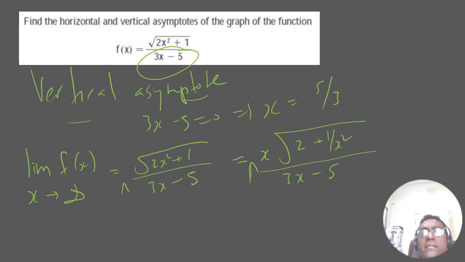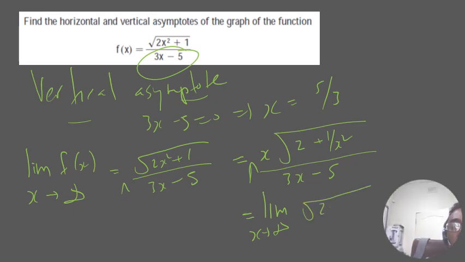So then the question is, if I divide top and bottom by x, what do I get? Let me write this properly now, guys. It's important that you be precise. If I divide top and bottom by x, the x at the top goes away, so I end up with root of 2 plus 1 over x squared.